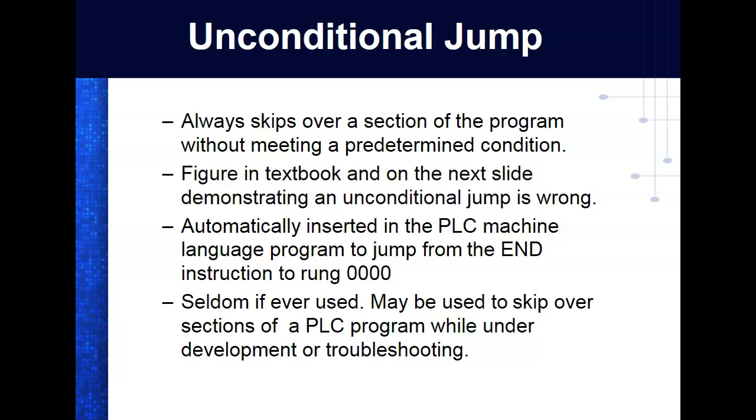How does the PLC know when it hits the ending section to jump back up to the first rung? Well, it's doing that automatically for us. You understand? Seldom if ever used, it may be used to skip over sections of the PLC program while under development or troubleshooting. So if we ever use an unconditional jump instruction, that means we very seldom use it. But if I want to take out a section of a program because something's going on, then we can jump over it. Unconditional means there is nothing in the rung except an output instruction. There's no condition.